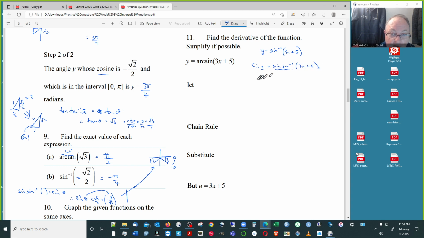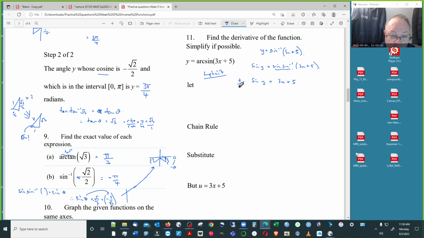I'm not happy with the way that, I mean the answer will be the same, but I'm doing implicit differentiation. The answer that you're getting is not.